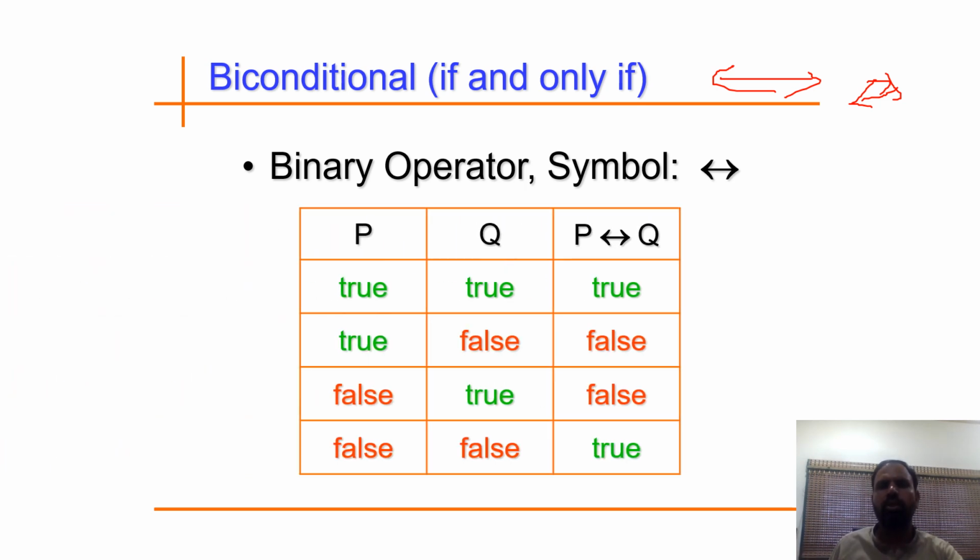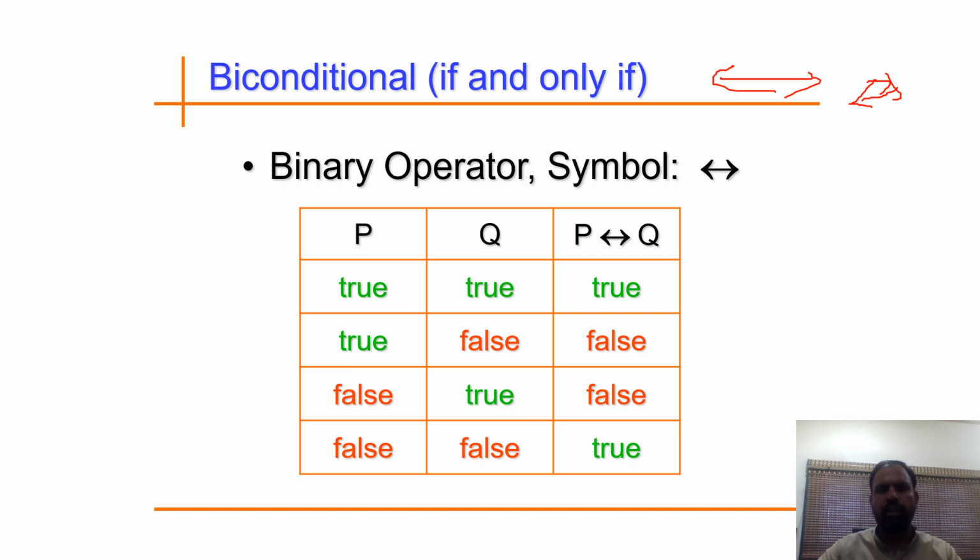Now this is the truth table for the biconditional. These are the values of P and these are the values for Q: true, true, false, false for P and true, false, true, false for Q. Because both P and Q are true, P if and only if Q is true.